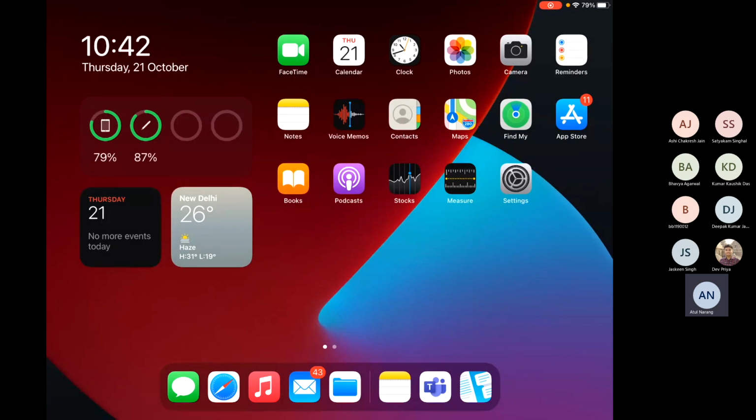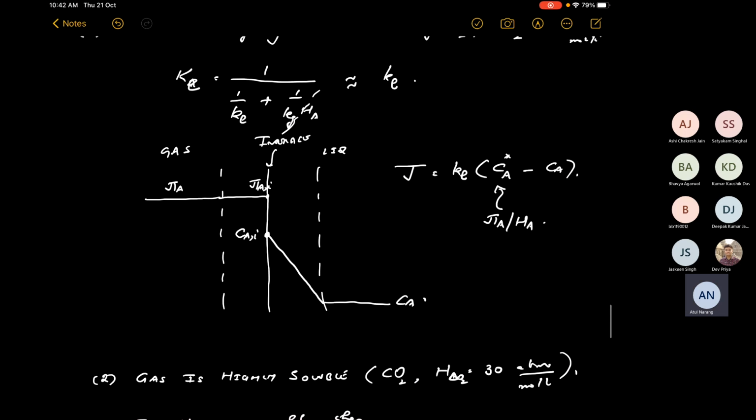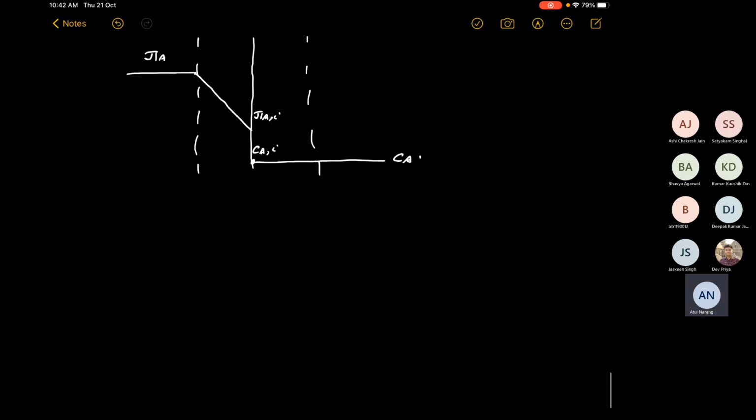Okay. So now, as I told you earlier, J has units of moles or millimoles per hour per centimeter square, right? This is per centimeter square of the interfacial area.